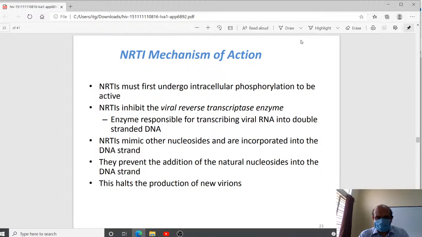Okay, I'm having a problem talking with a double mask. NRTs inhibit the viral reverse transcriptase enzyme, the enzyme responsible for transcribing viral RNA into double-stranded DNA.